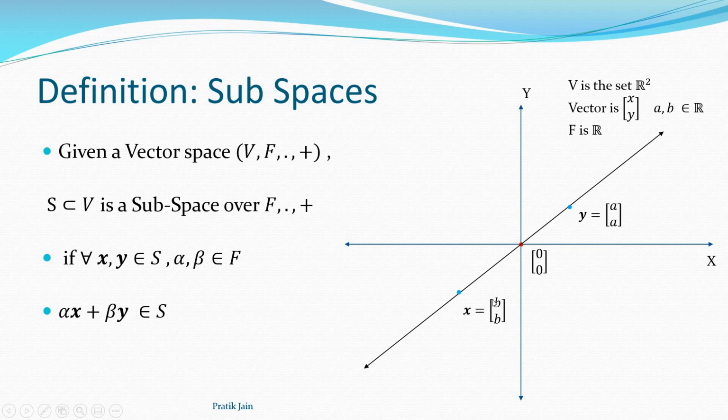That is it. No matter what you do, you add, you multiply it with a scalar that comes from a field, the linear combination should lie in the same space. If this goes outside the space, then I won't say S is a subspace, right?